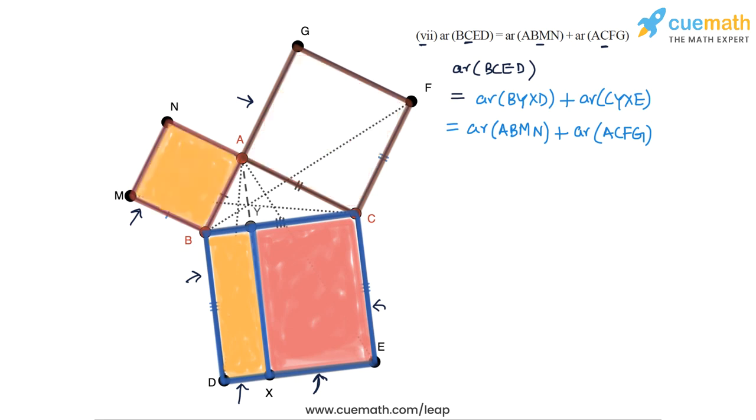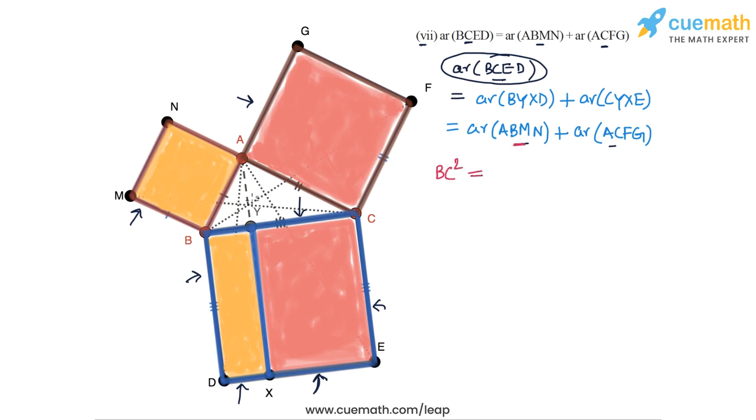Now if we write these areas in terms of the sides AB, BC and AC, what is the area of BCED? Well, BCED is on the side BC, so we can write it as BC square. What is the area of ABMN?